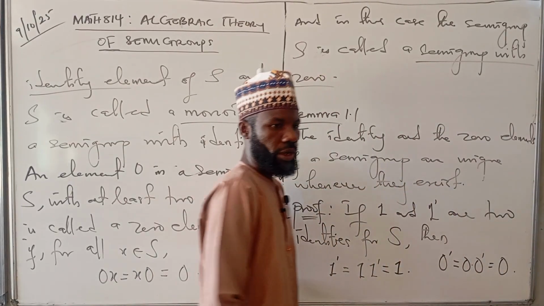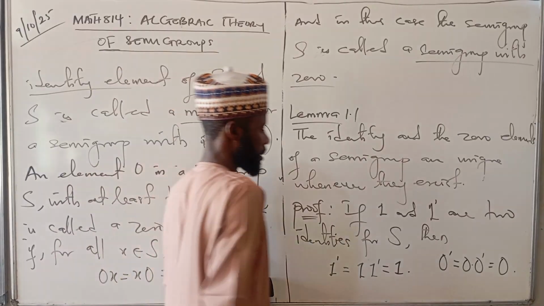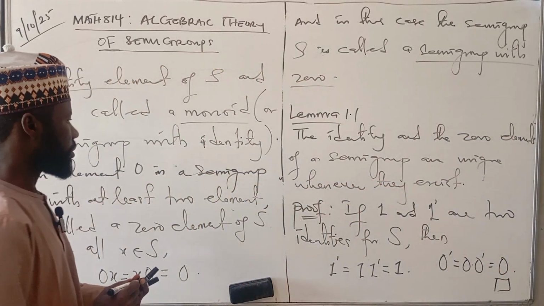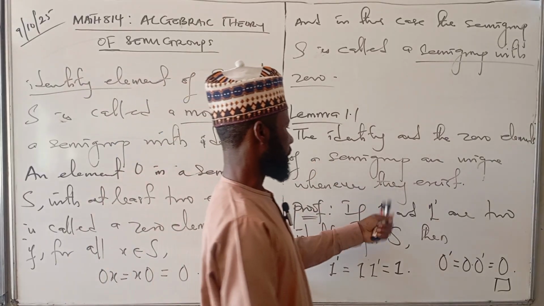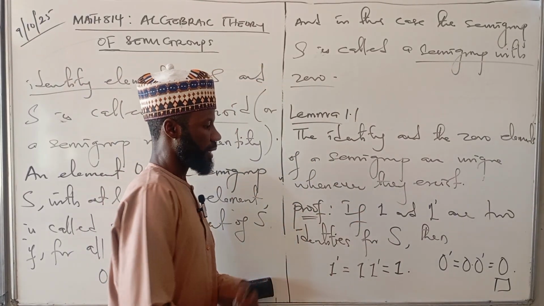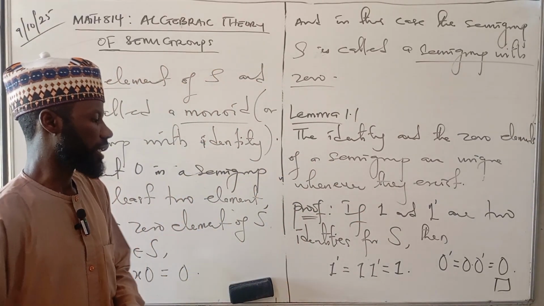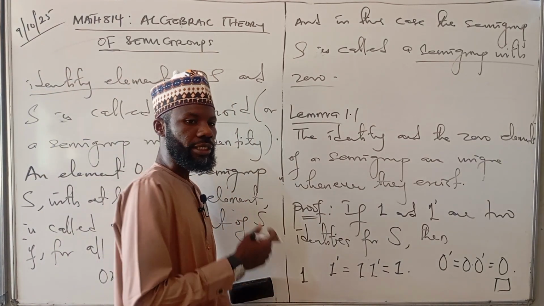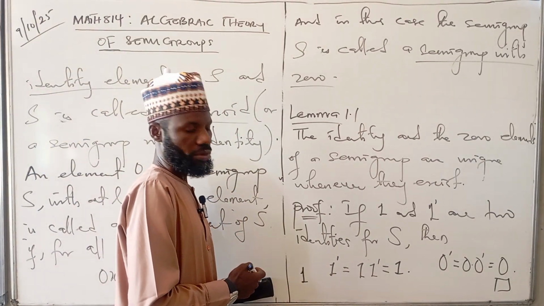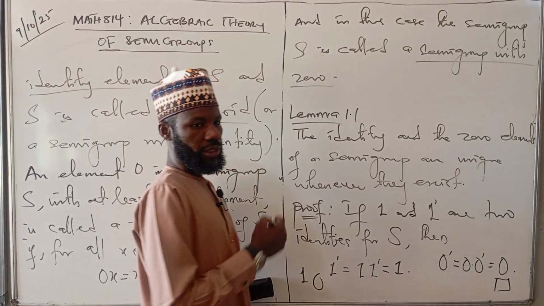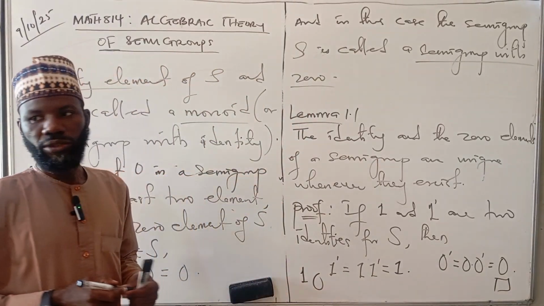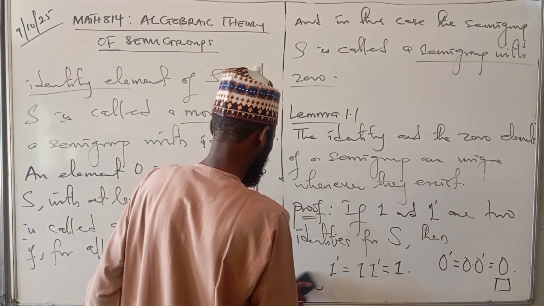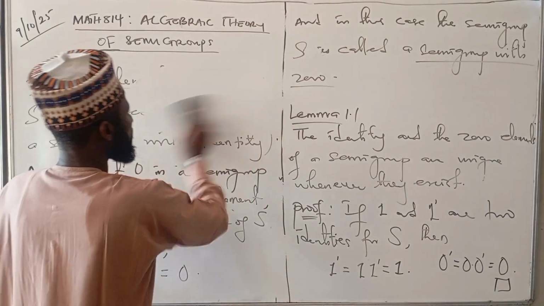And 0 prime is also a 0, so multiplying with any element gives 0 prime back. So it is immediate from the very definition of the identity and the 0 that these are unique. That is why we can say 1 is the identity of the semigroup and 0 is the 0 of the semigroup, because there is only one of each.